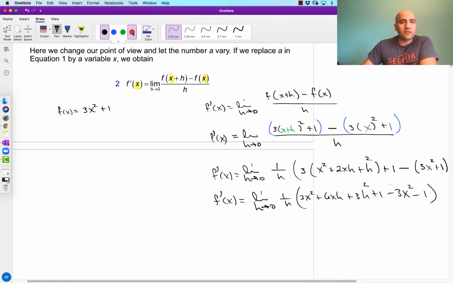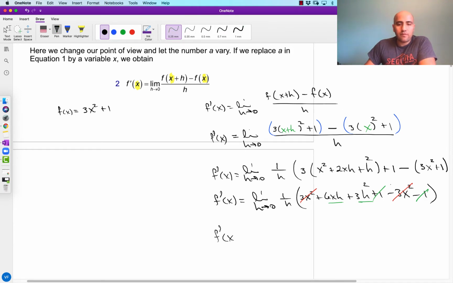Good. Luckily, a bunch of stuff reduces now. We see that the minus 3x squared will cancel with this 3x squared. And the minus 1 cancels with the plus 1. And so these are the only two terms left standing.